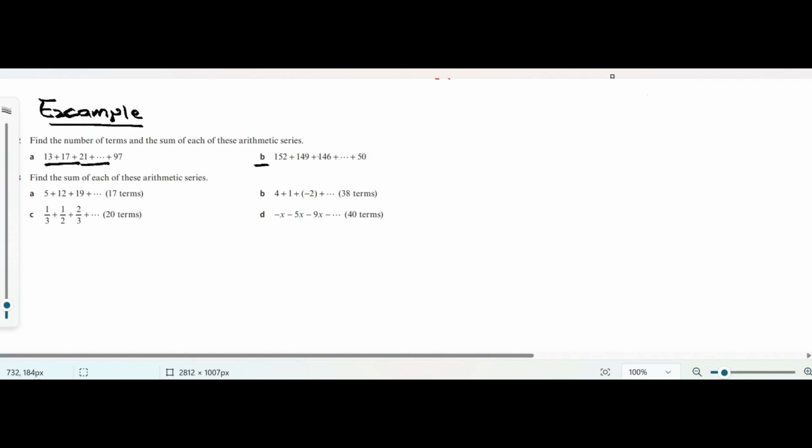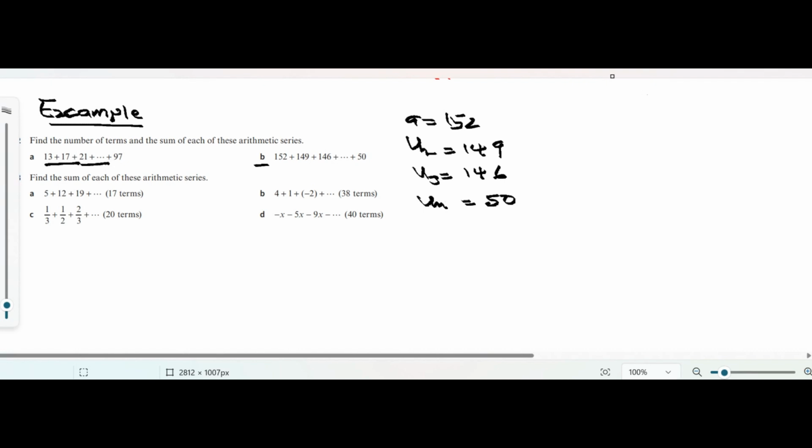So for me to do B, my first term is 152, my second term is 149, my third term is 146, and my last term is 50.